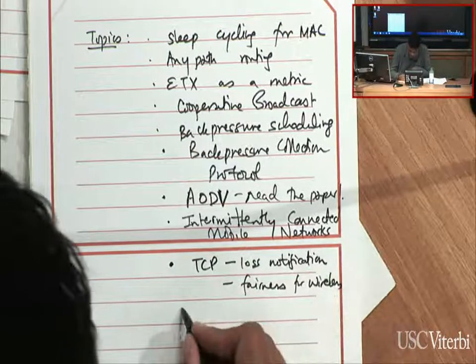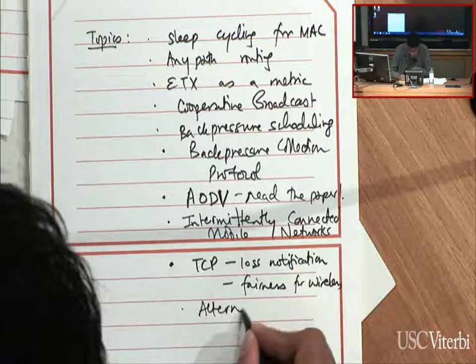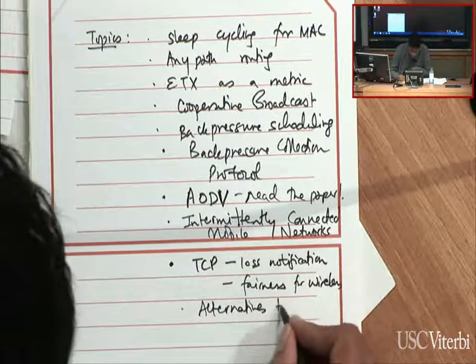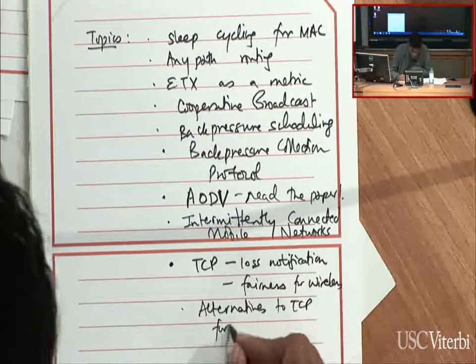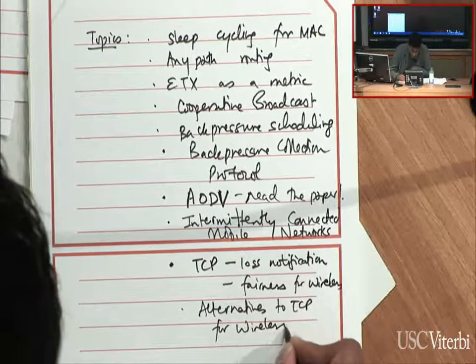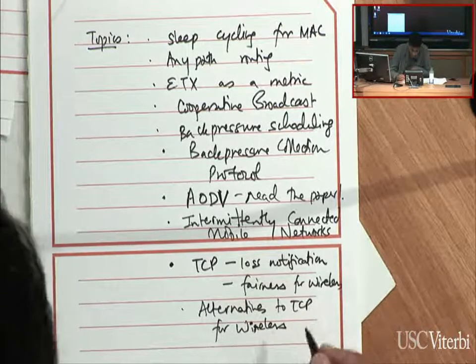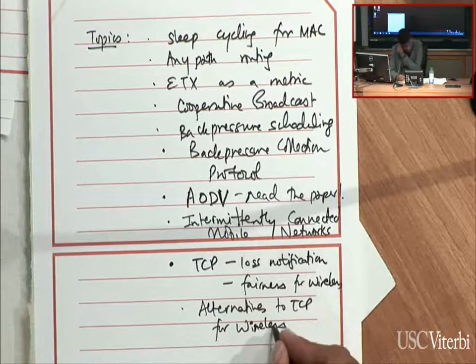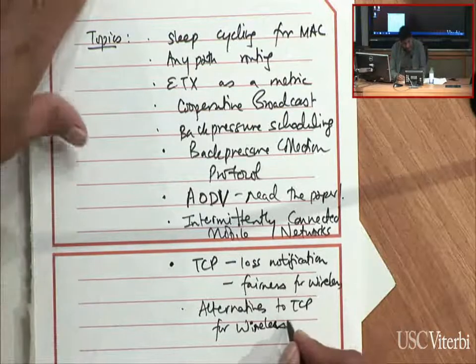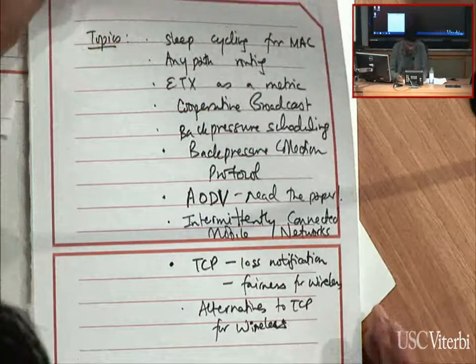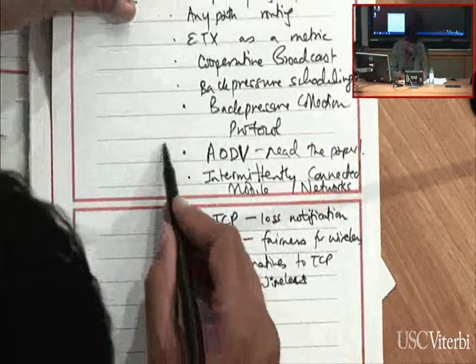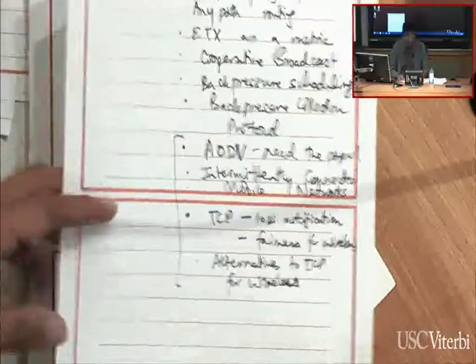Okay, and at least some hint at alternatives to TCP for wireless. I think I might end the class there. So we still have a little bit of ground to cover in the rest of this class in the 3 to 4 sessions. So that's what I'm going to focus on now.